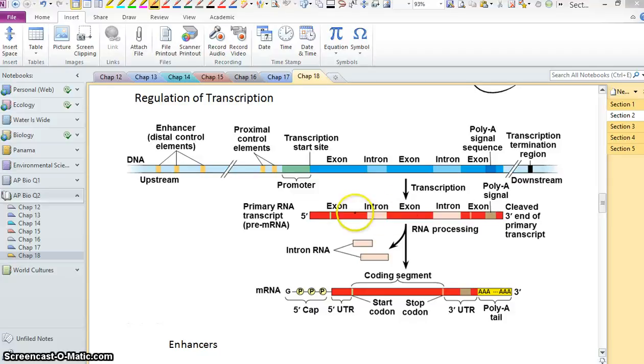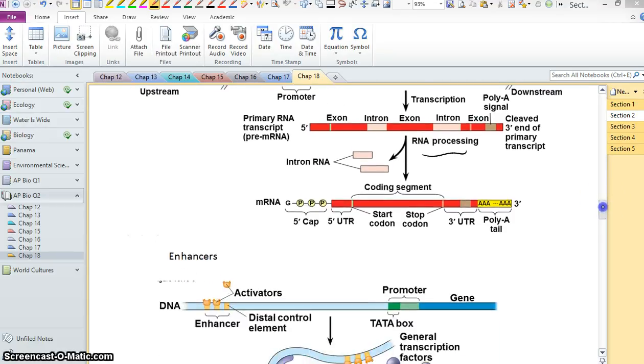We know that in eukaryotes, the primary transcript, the initial RNA that's made, in this case mRNA with exons and introns, is going to be processed, and the introns are removed. Cap and tail are added to produce our final transcript. So these processes all have to happen in order for genes to be made use of and expressed.